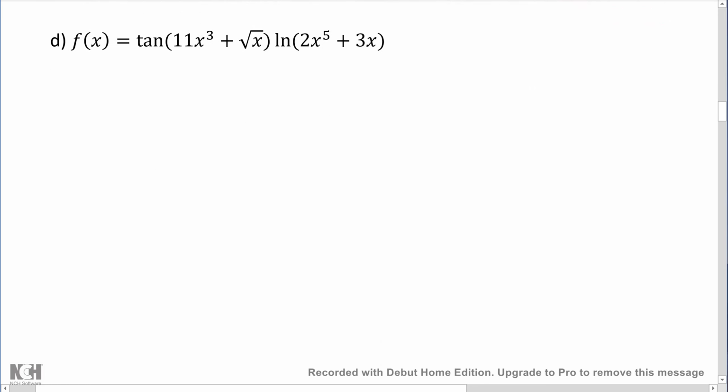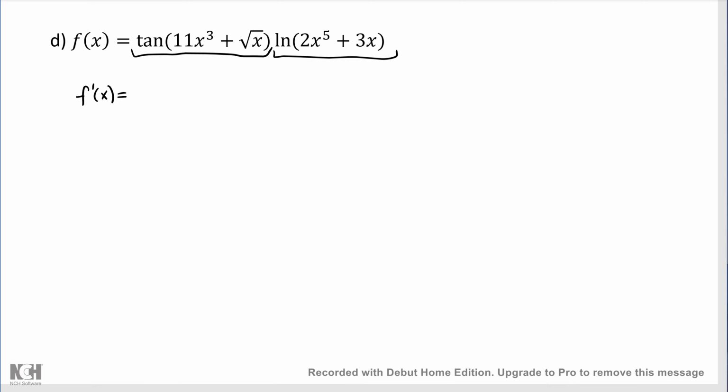Okay, so let's continue. Part D. Well, we also have something times something, right? So what do we use? You can try to maybe pause the video and try to work on this problem first. All right, then we can continue.